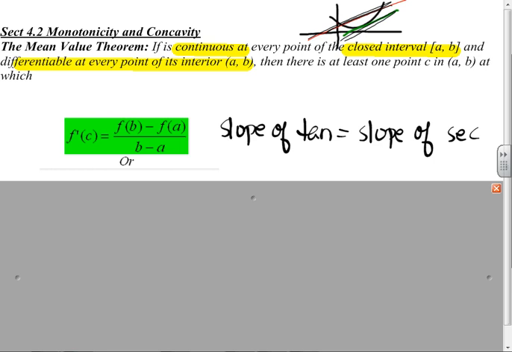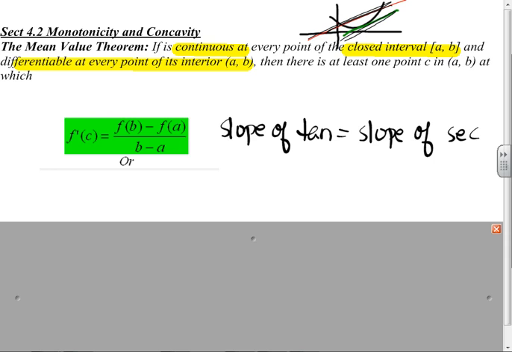Or, in other words, okay, you guys? What's f prime of c? It's an instantaneous, too long a word for me, rate of change.